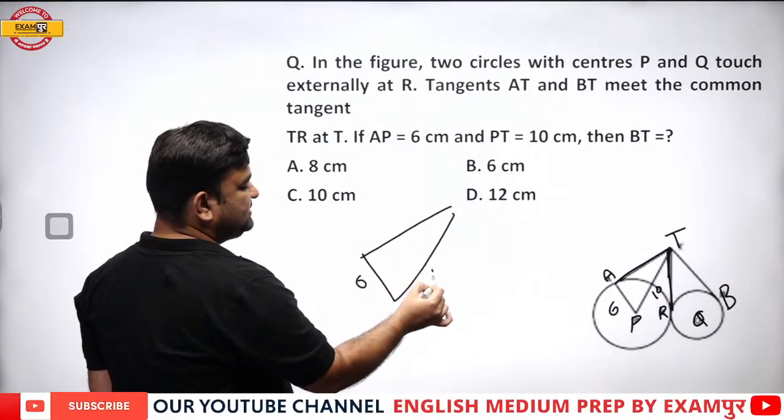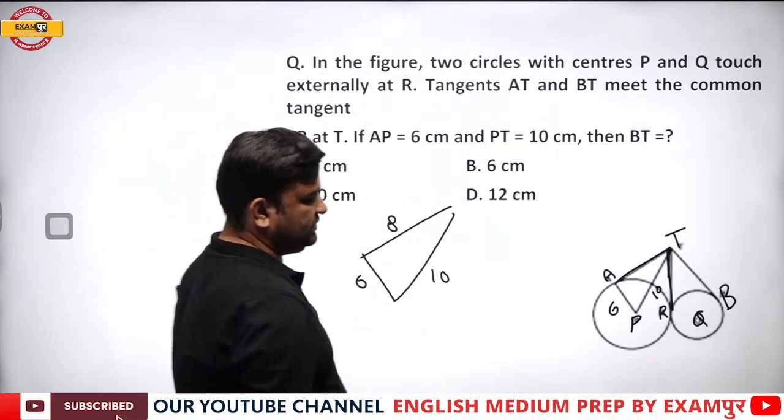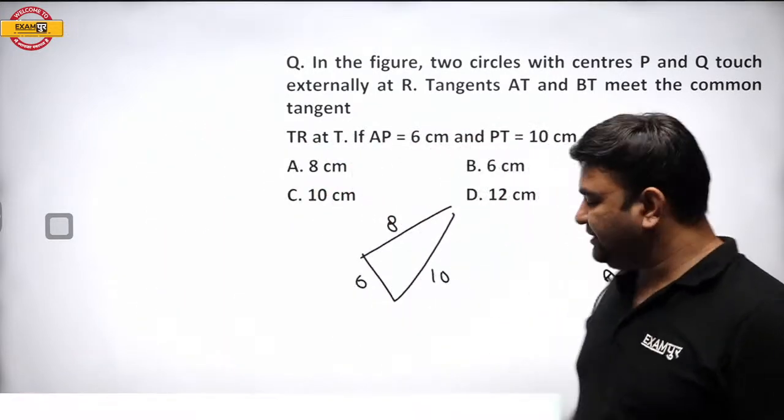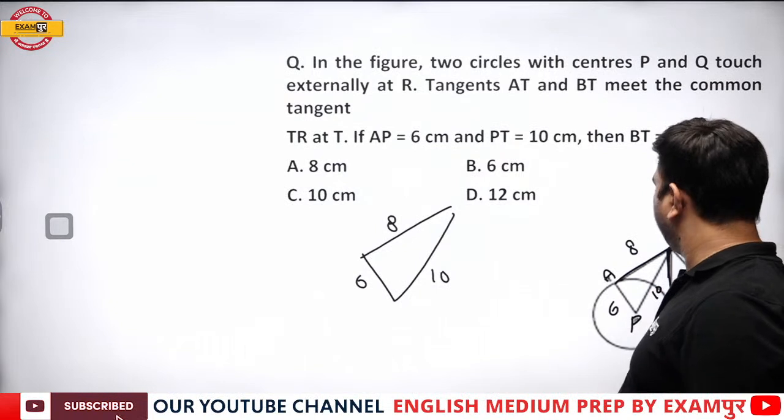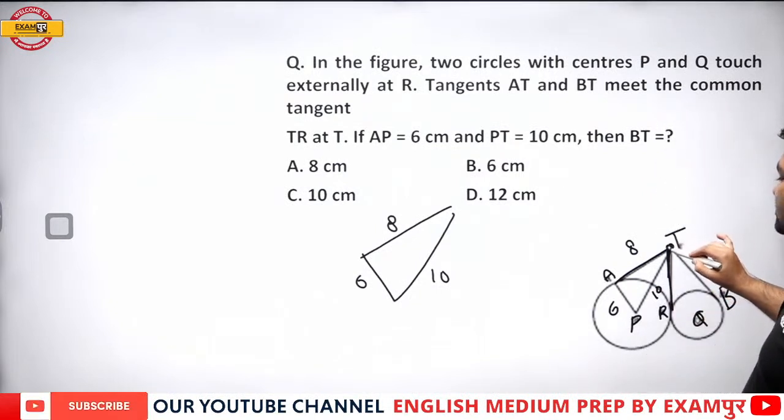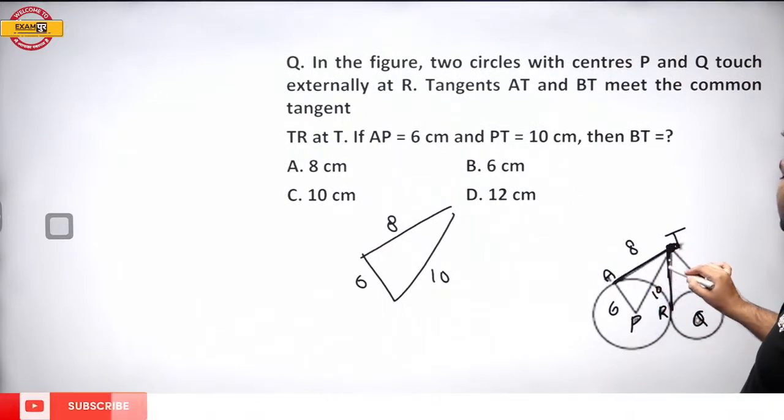If this is 6 and this is 10, then AT is 8. From a point outside, two tangents drawn to the circle are equal. So if this is 8, this is also 8.